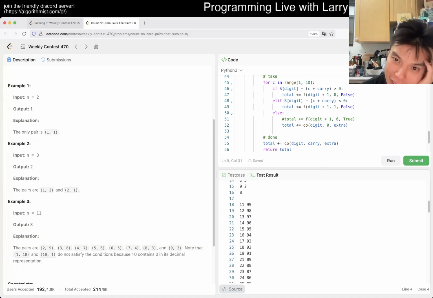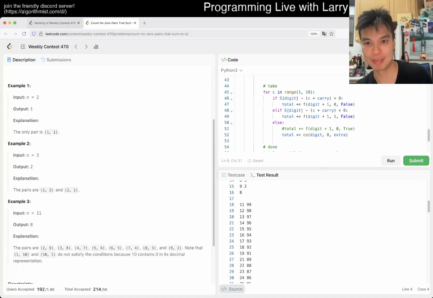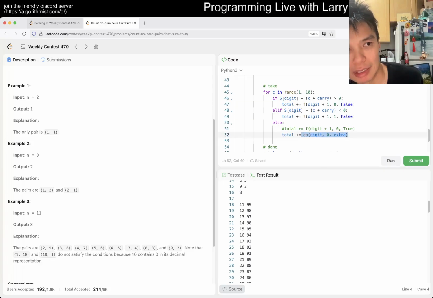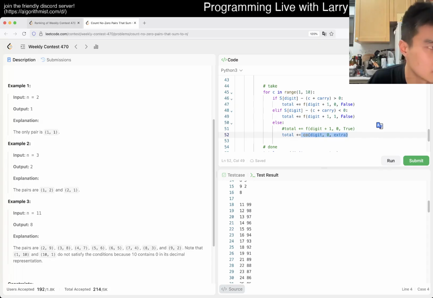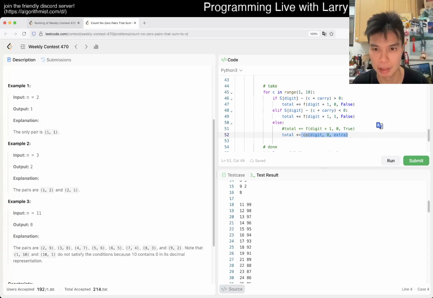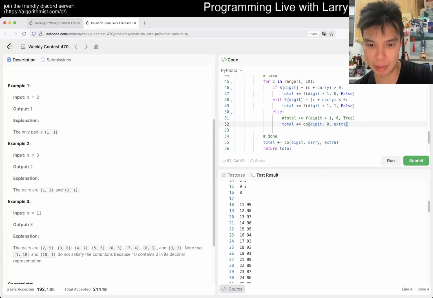What am I overcounting? If this is exactly, then the other digit is done, and then this number only has one possibility, right? Why is this wrong?